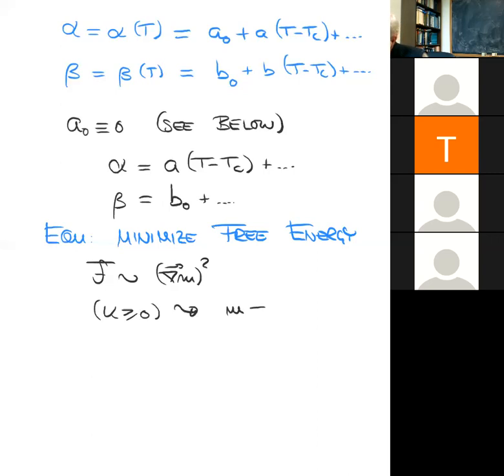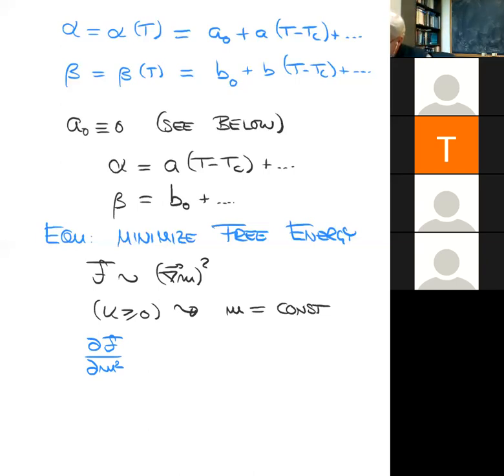Once we decided that the free energy is minimized by the magnetization being a constant, we can try to determine what that constant actually is. We do that by minimizing free energy with respect to m, or since at h equal to 0 it is just a function of m squared, minimizing with respect to m squared. The function was just alpha m squared plus beta m to the 4.